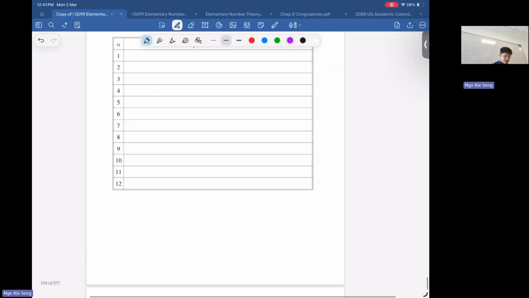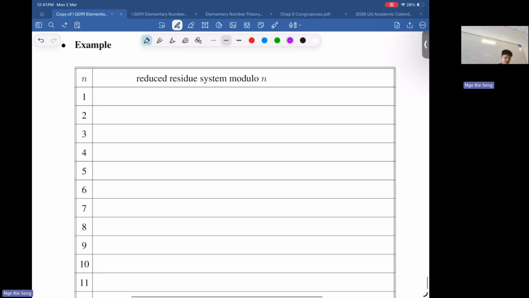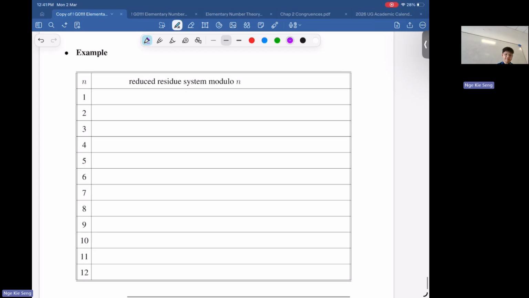So how about the reduced system modulo n equals 1? There is only one choice, right? So number 1 here.